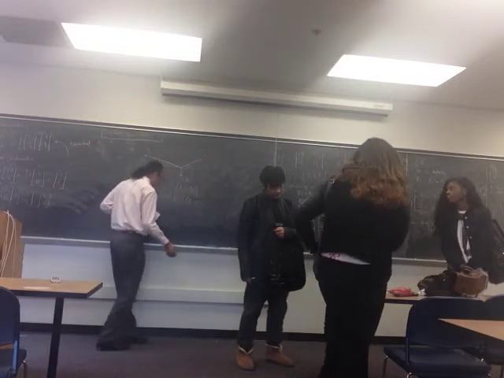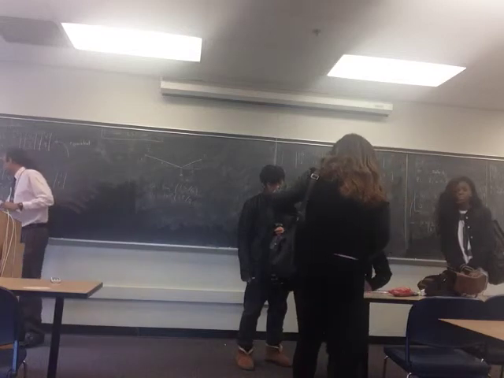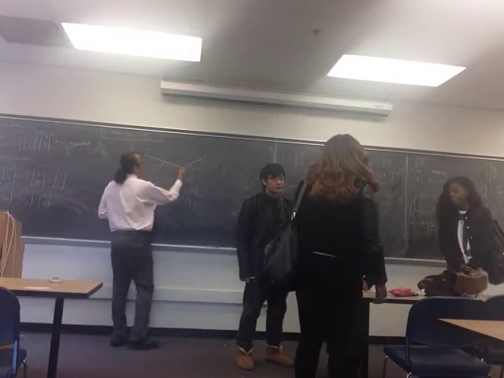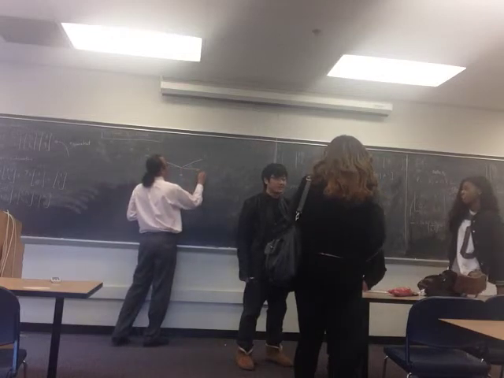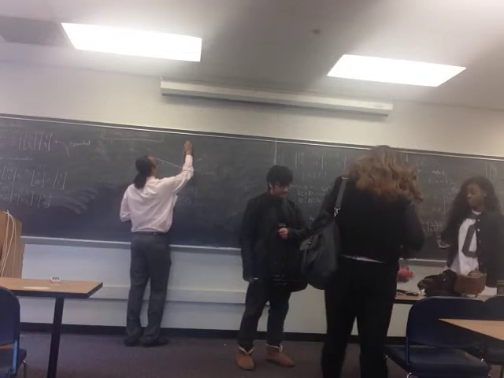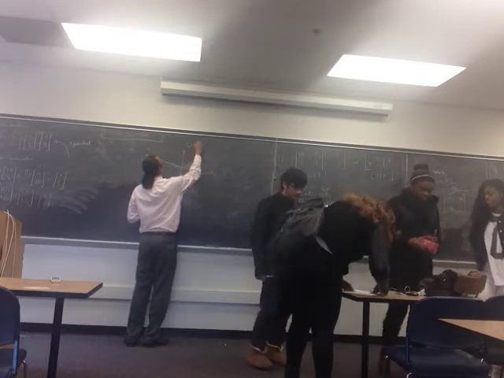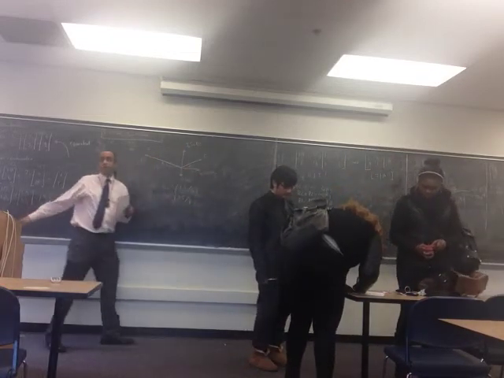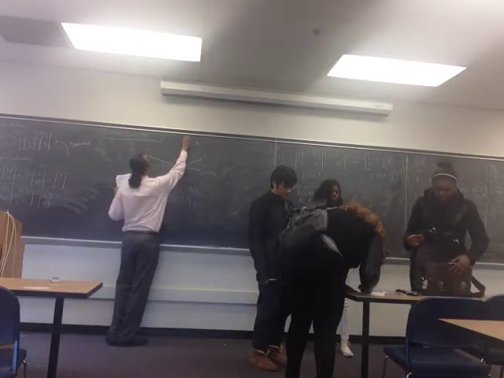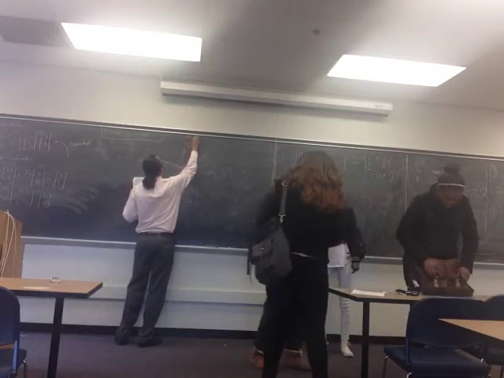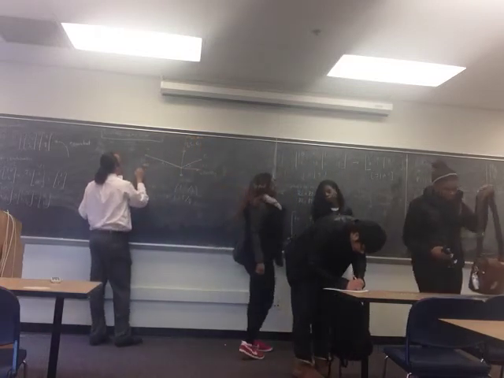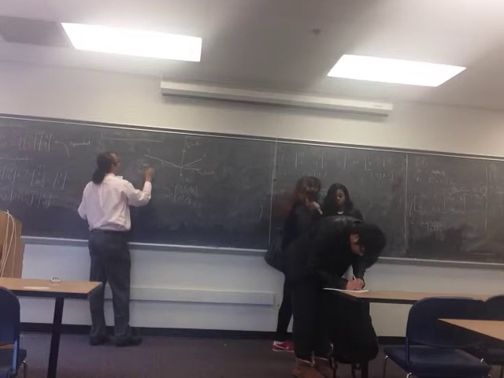I can take this T2 and write it as T2 cosine theta 2 and T2 sine theta 2, like so. And I can also write T1 as T1 sine theta 1 and T1 cosine theta 1.